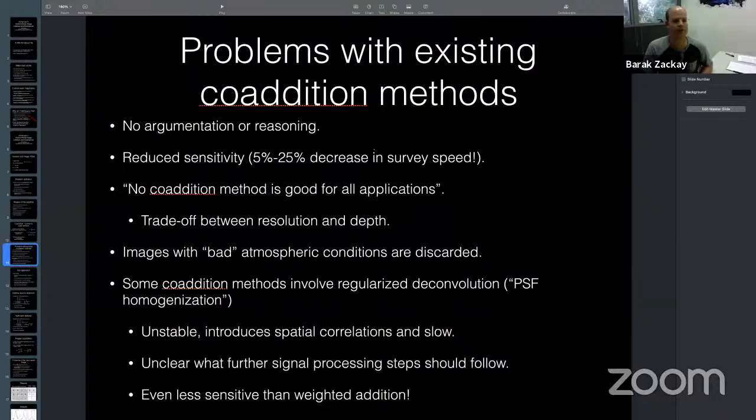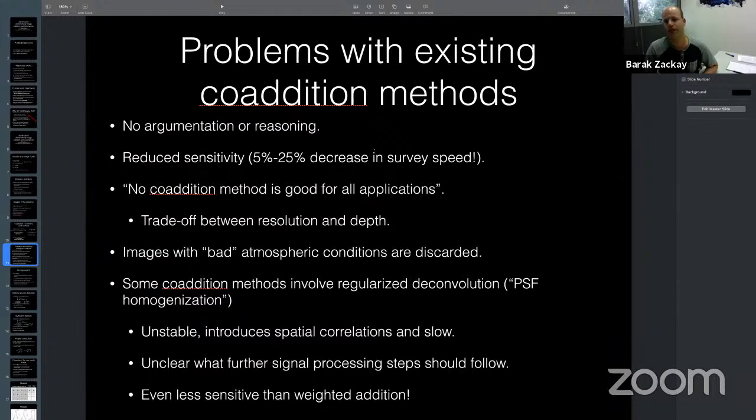Yes, so each image has a different point spread function. For example, if today I'm seeing the sky better than yesterday, today all the stars are very small, and yesterday there was very bad seeing, each star takes 3 arc seconds, and today every star is half an arc second. If you add both of them, you will get an image at the resolution of the bad image.